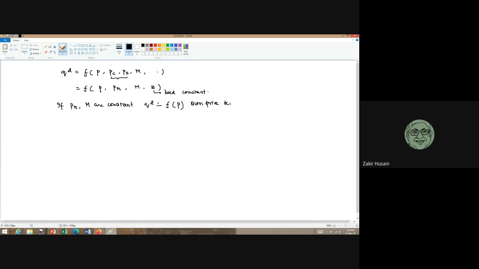Similarly, if we hold the own price and income constant, we get what is this demand curve called?